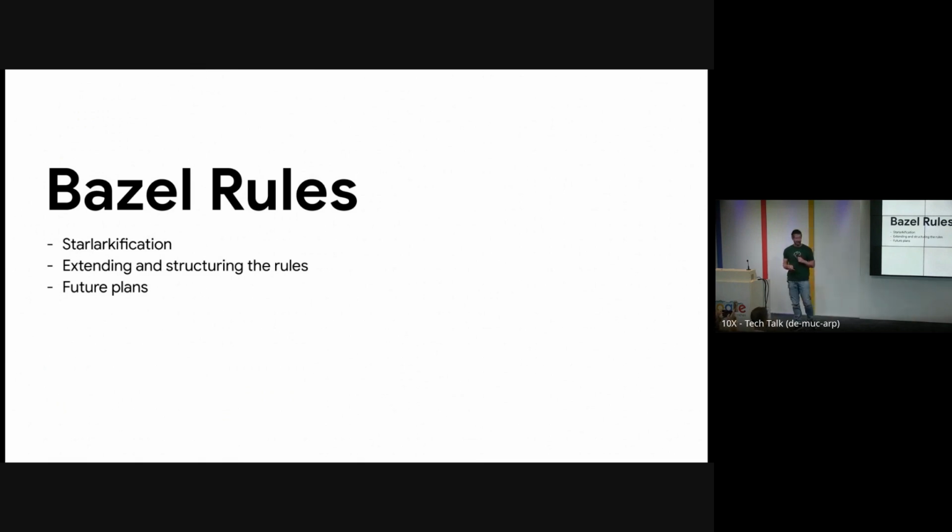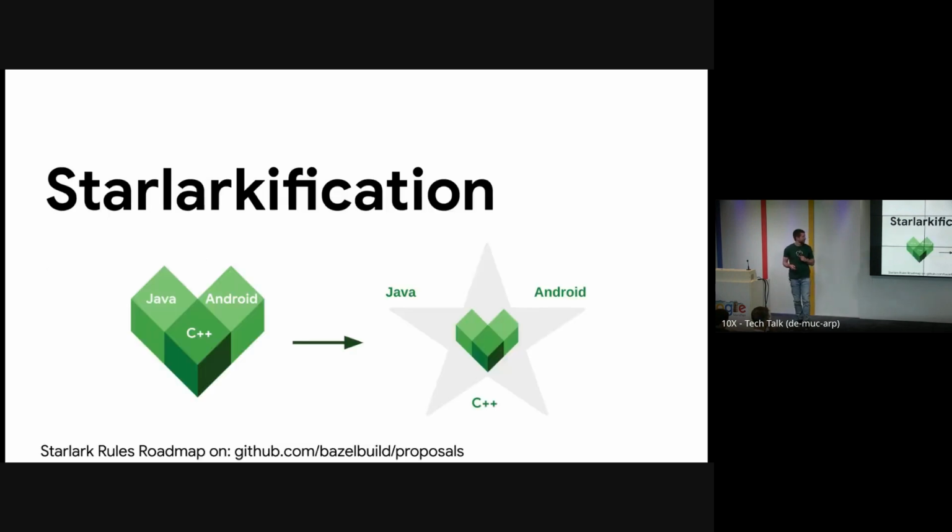Starlarkification is the first part. Then our present is implementing the new APIs to extend and structure the rules. And last but not least, I would also like to present some of our future plans and ideas that we are discussing.